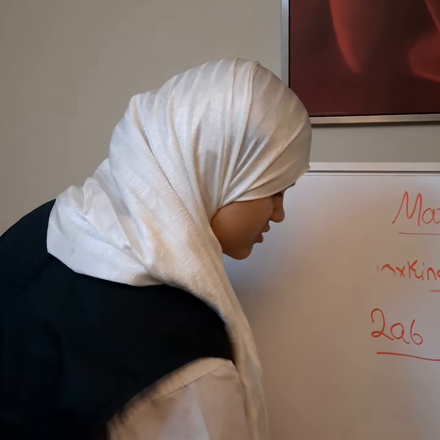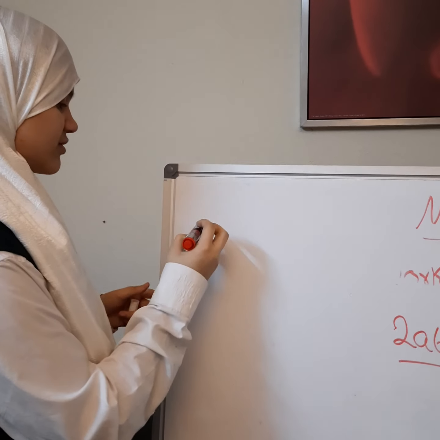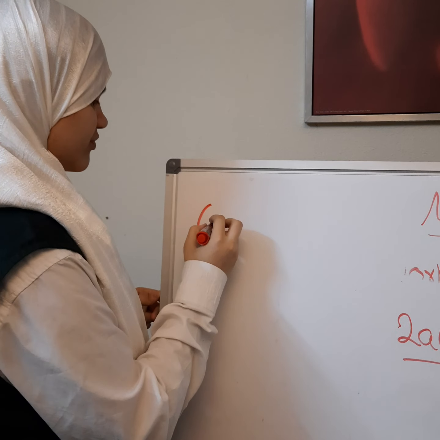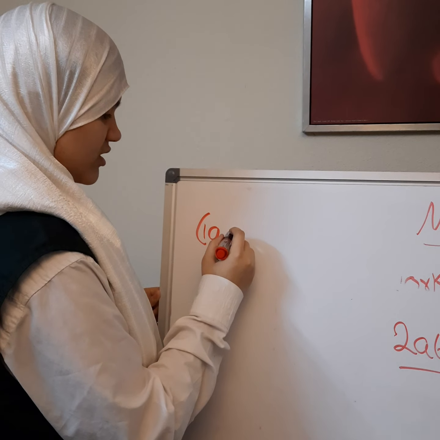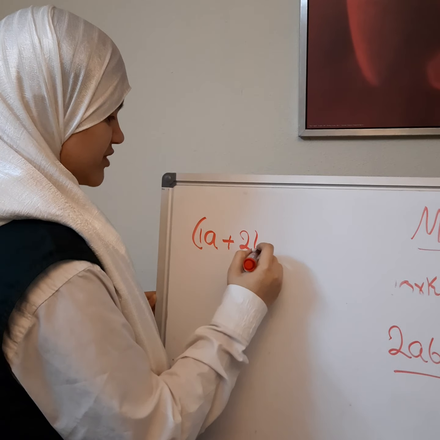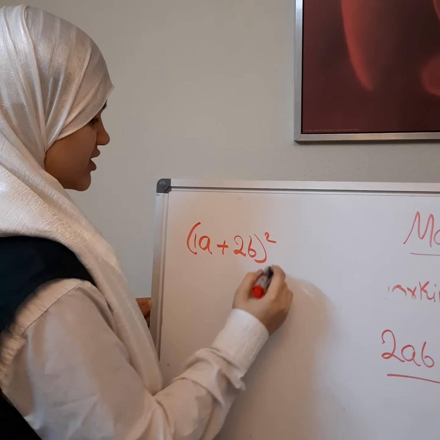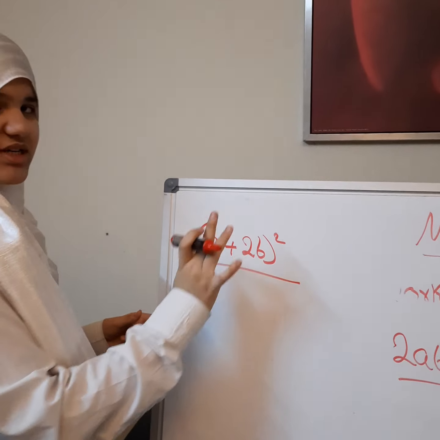Okay? Now I will do it with numbers, to understand it more. It will be (1A + 2B) squared. Okay, (1A + 2B) squared.